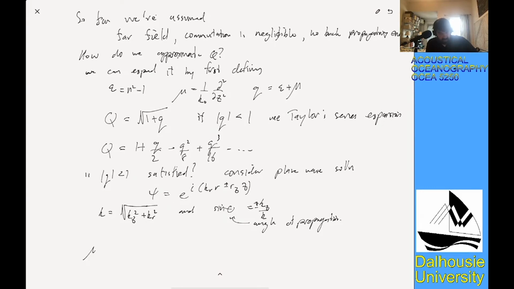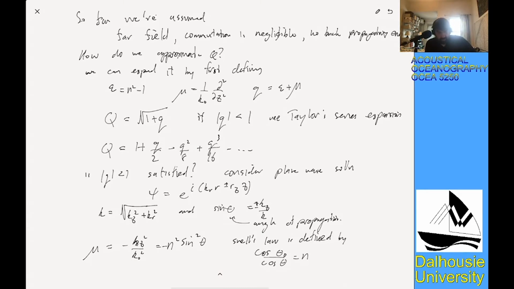So mu is then given by minus kz squared over k naught squared, which equals minus n squared sine squared theta. And Snell's law makes a return, is defined by n cos theta equals cos theta naught. That's how you get your index of refraction.